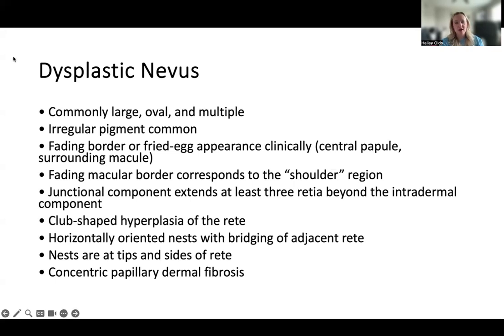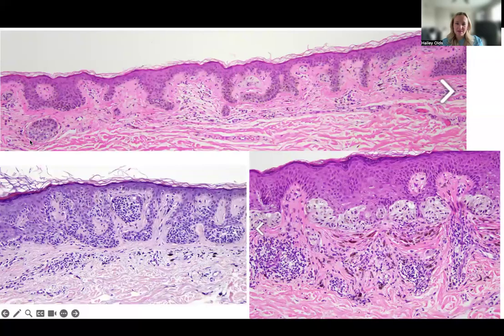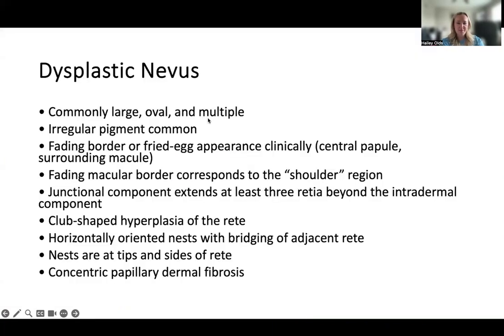You get shouldering. So what shouldering means, let me see if you can see it here. Kind of. So basically, shouldering is that your junctional component goes at least three rete ridges beyond your dermal component. So there's like a shoulder of junctional component on either side. And then you also see the nests of melanocytes at the tips and sides of rete ridges and concentric papillary dermal fibrosis.